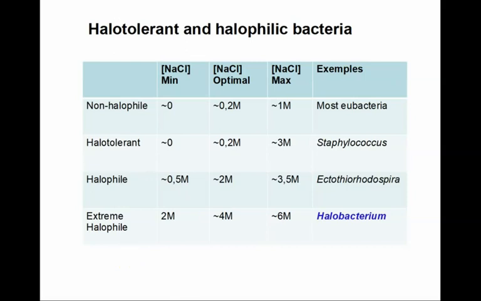So just trying to look for an example of this. This is Ectothiorhodospira. It's a purple non-sulfur bacterium, I think, a photosynthetic bacterium. It grows in salt flats, like les marais salants, where you produce salt from seawater. Then the salt concentration can become very, very high in these pools of salt.